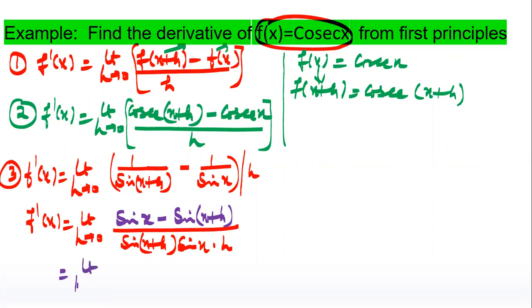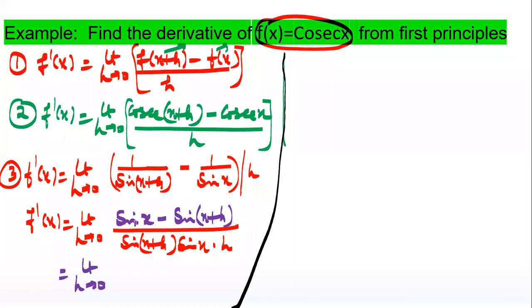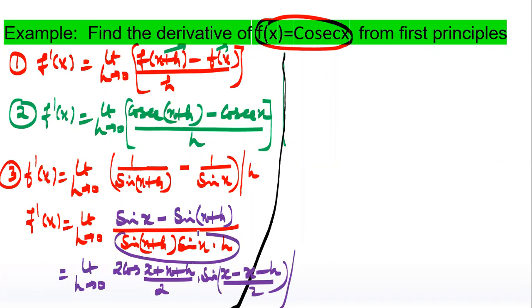Equals limit h tends to 0. Sine C minus sine D, using the formula, it will become 2 cos((C+D)/2) into sine((C-D)/2), upon this whole denominator will remain as it is over here.